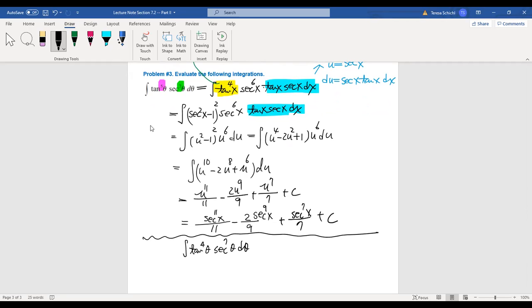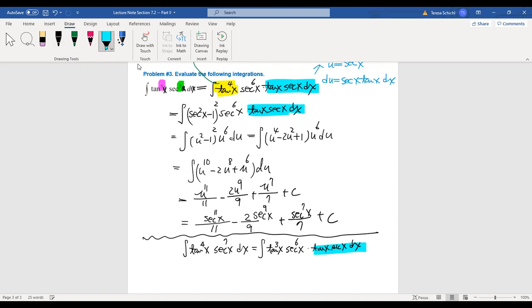If I change these to tangent to the 4 and secant to the 7, dx, oh, I used x all the way, so let's treat this as x. So if this is tangent to the 4th x secant to the 7th x dx, well, you can still separate one secant out, right? So this is tangent cubed x secant 6x, and then you take out a tangent x secant x dx here.